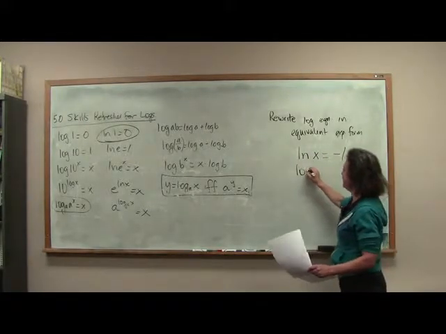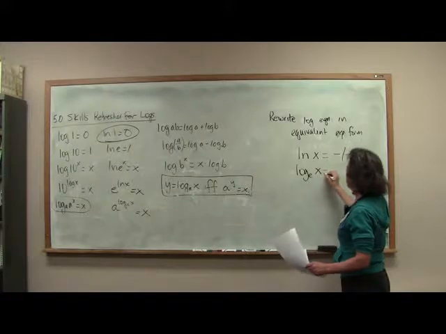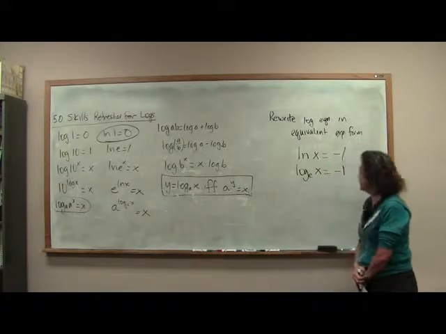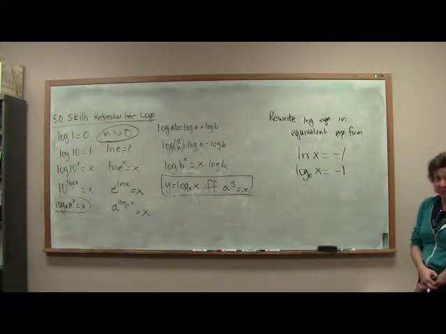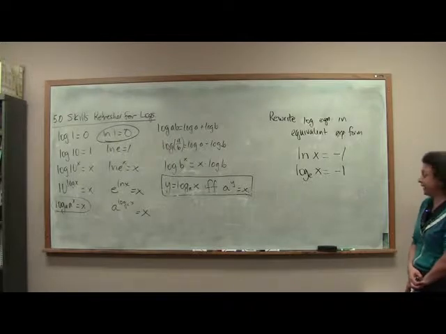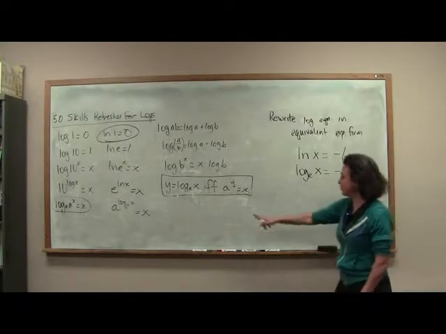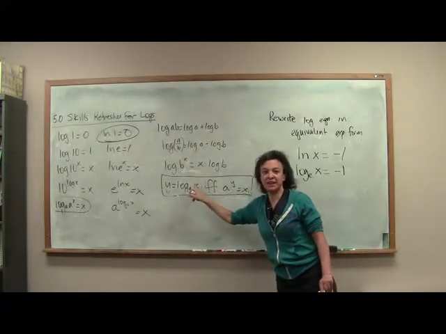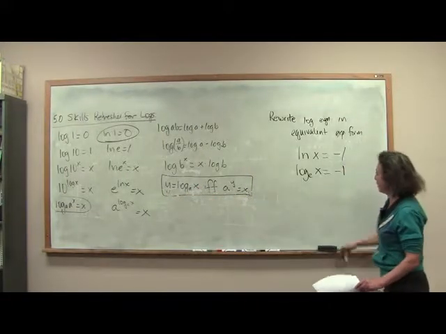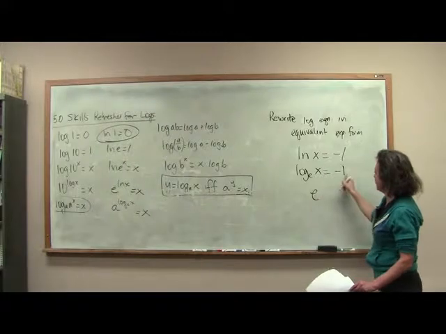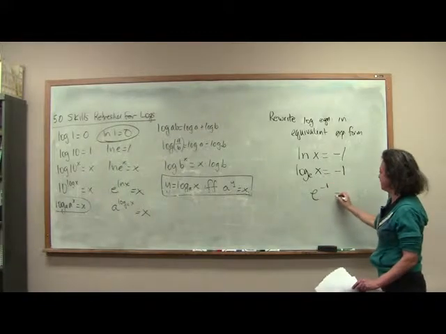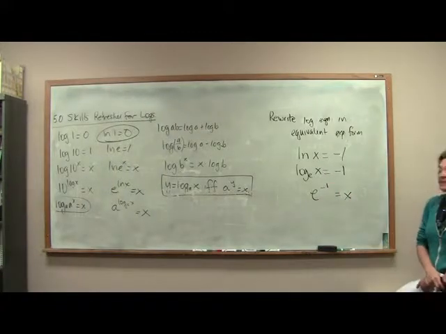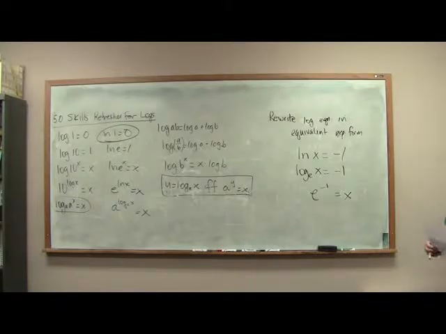If it helps you initially to write that as log base e equals -1, that is fine. Now to write this in equivalent exponential form, the base raised to the other side equals what you're taking the log of. In other words, e to the -1st is equal to x. And that's all we're doing here.